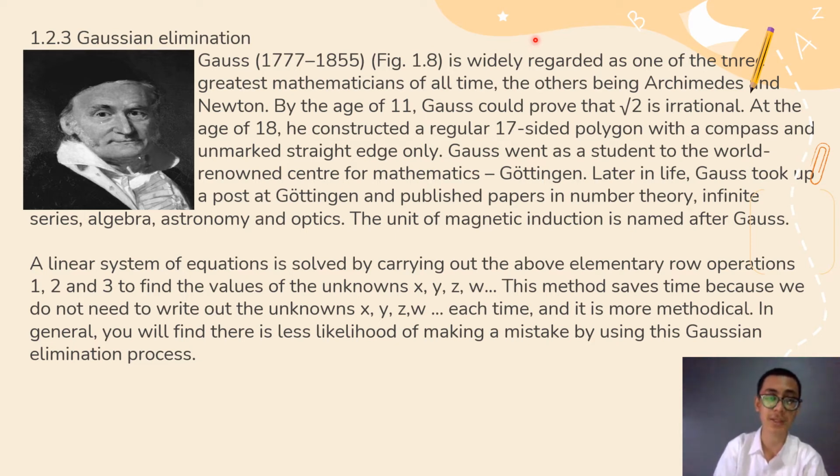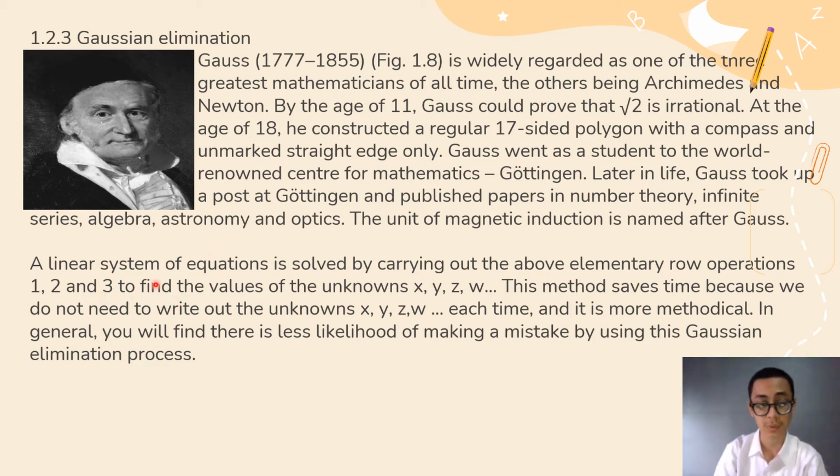At the age of 18, he constructed a regular 17-sided polygon with a compass and unmarked straight edge only. Gauss went as a student to a world-renowned center of mathematics, Göttingen. Later in life, Gauss took up a post at Göttingen and published papers in number theory, infinite series, algebra, astronomy, and optics. The unit of magnetic induction is named after Gauss.